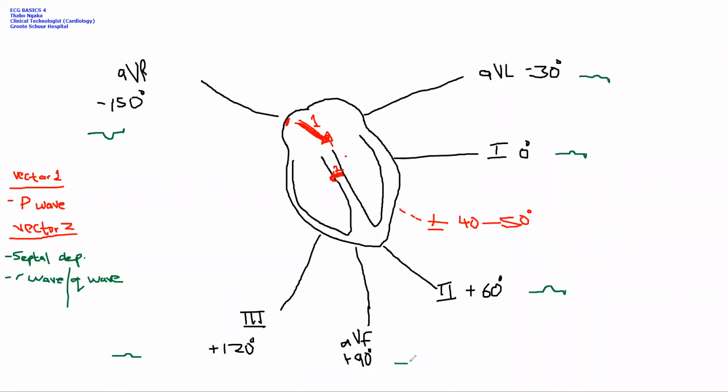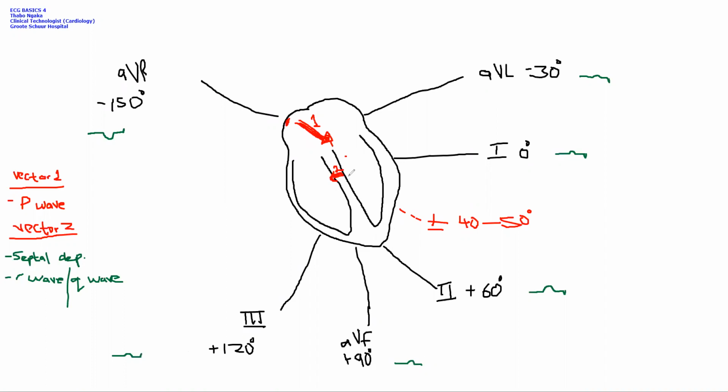So we have P, maybe a very small Q. And then lead 3 is moving towards this side. So you're going to have an R wave, but I'm going to show you what's going to happen next with lead 3. And then it continues, the wave of depolarization continues and then activates the rest of the myocardium.